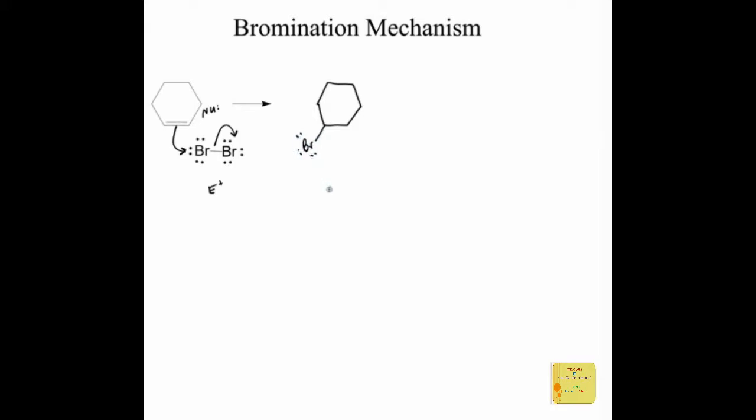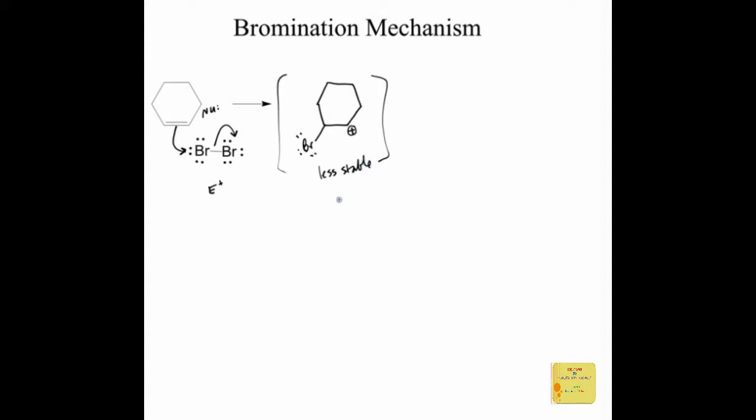That would attach a bromine to one carbon, and that would form a carbocation on the other carbon. So kind of like protonating a double bond gives a carbocation, adding a Br plus to an alkene also can give a carbocation.